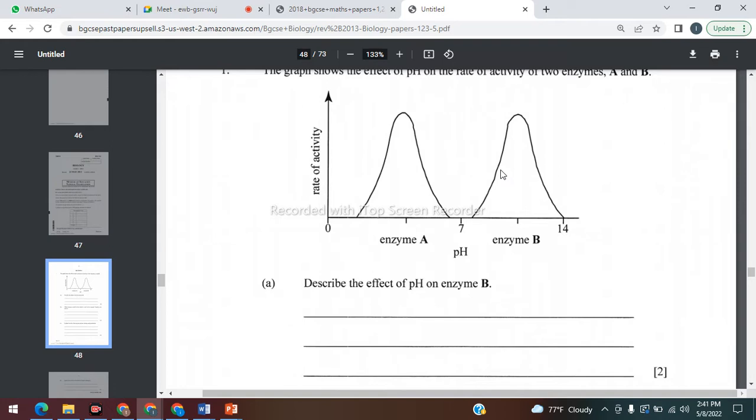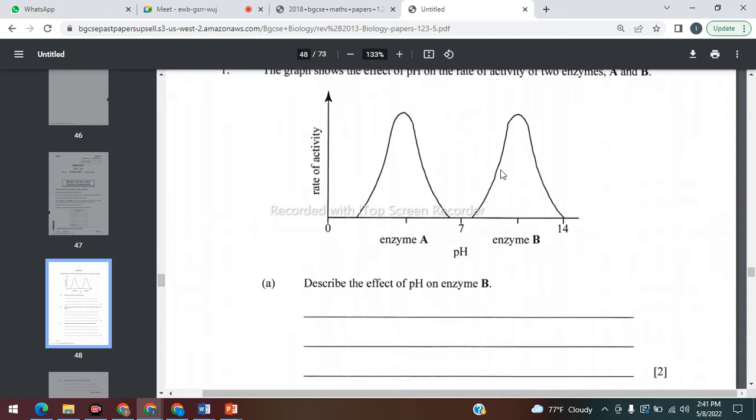Well, I could say that the higher the pH level, at lower pH levels, the enzyme works. At lower pH level, what do you mean? Say pH again.